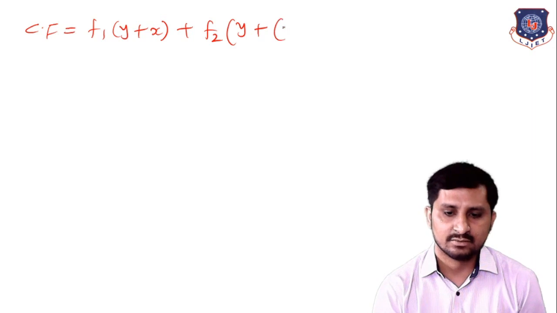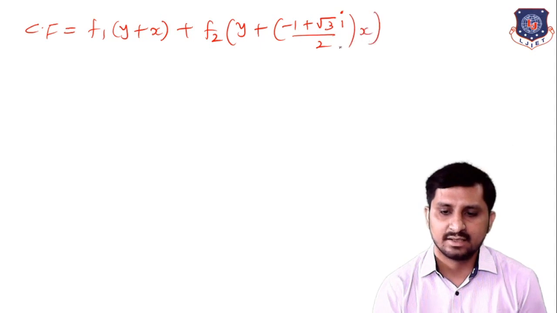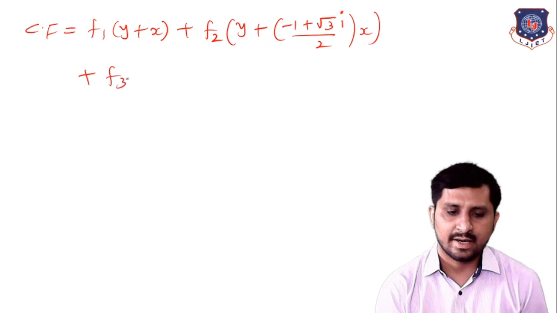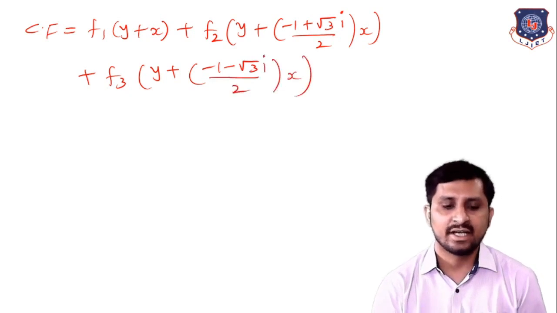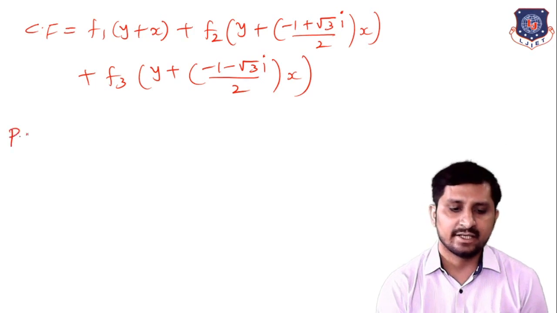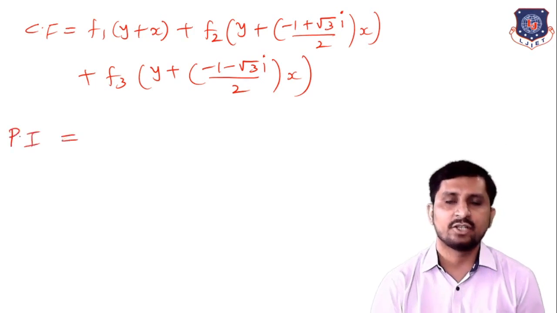So f2 of y plus (minus 1 plus root 3i divided by 2) into x, and plus f3 of y plus (minus 1 minus root 3i divided by 2) into x, okay. And now find the particular integral. Okay, I want to find the particular integral.